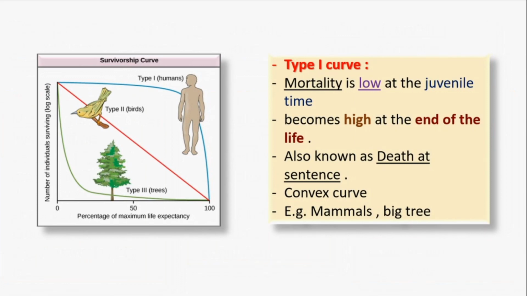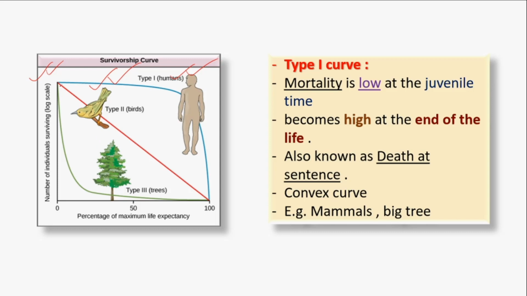So this is the type 1 curve. Actually, this graph shows three kinds of curves in one graphical representation. The blue line is for the type 1 curve and it stands for humans, that means large animals, mammals for example, and also big trees. Here the mortality rate is low during the juvenile period.